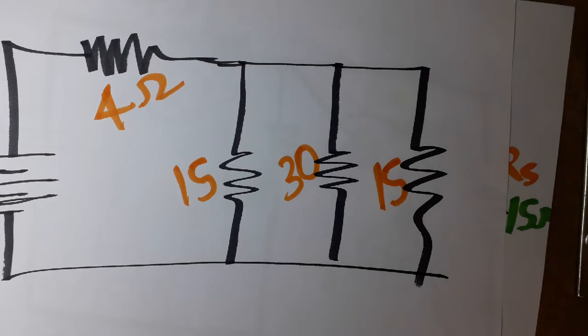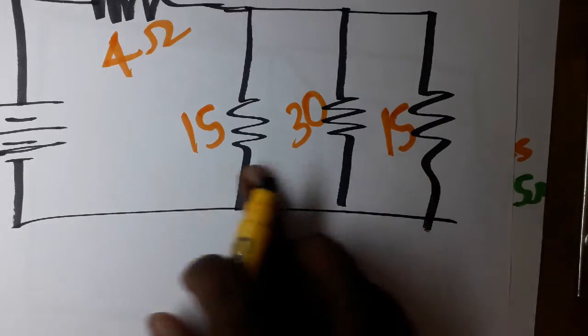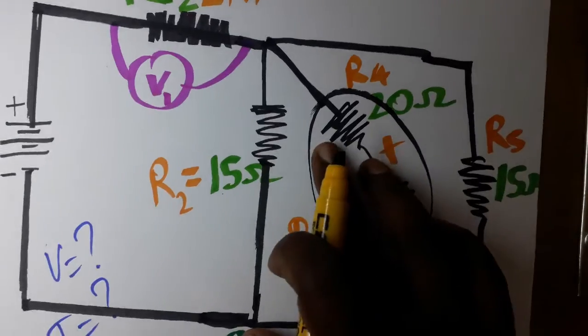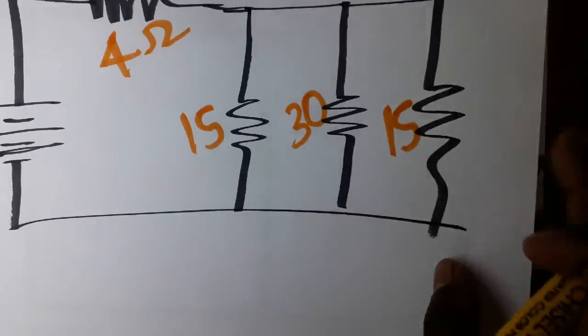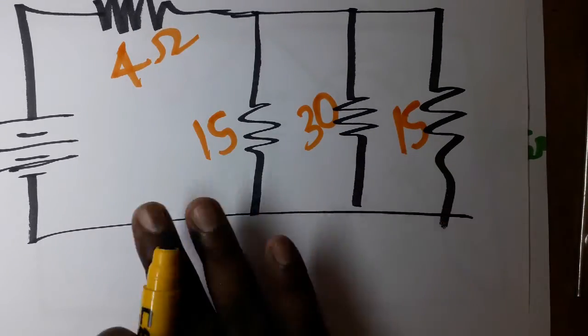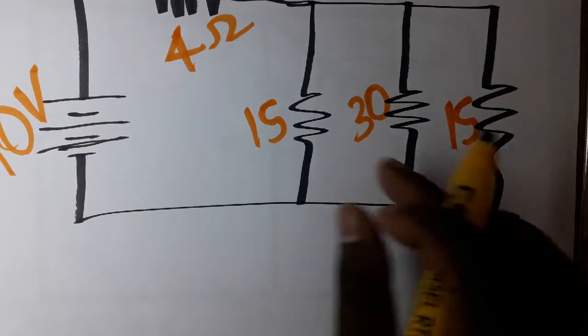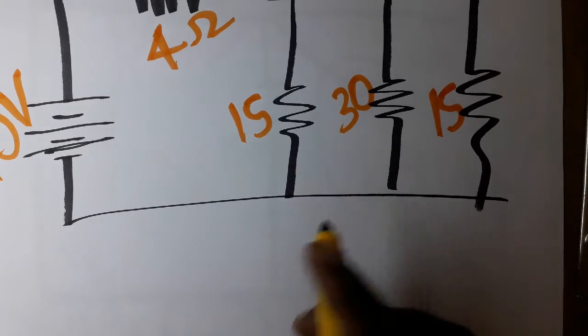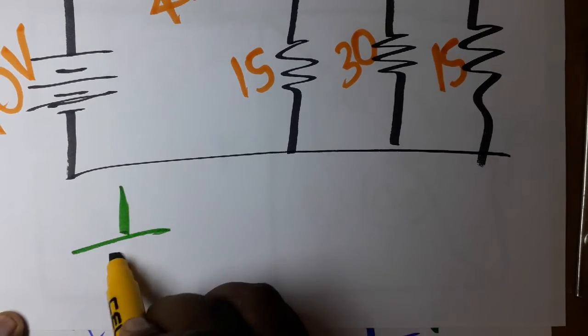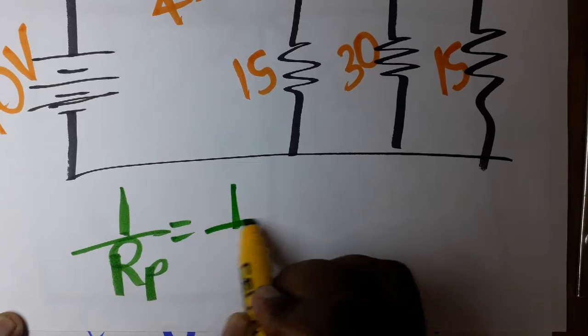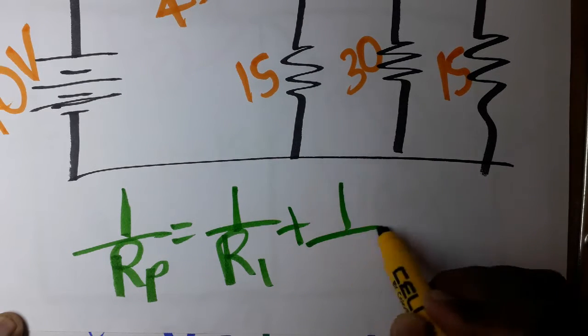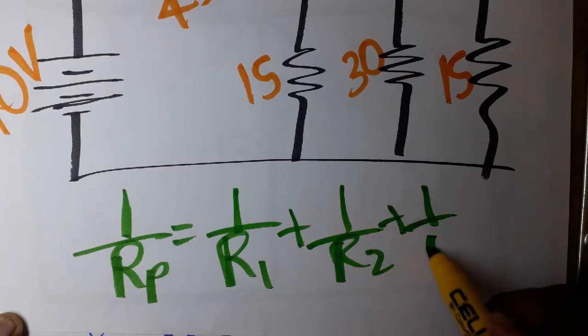Okay, and also I am going to teach you how to find the total resistance. First we will find the total resistance of these three. The same circuit, I modified like this. Now I am going to find the total resistance. So 1, 2, 3, three resistances in parallel. So 1 divided by Rp is equal to 1 divided by R1 plus 1 divided by R2 plus 1 divided by R3.